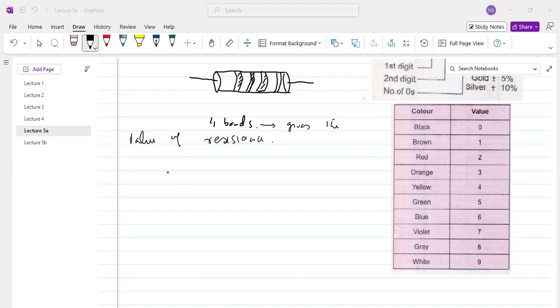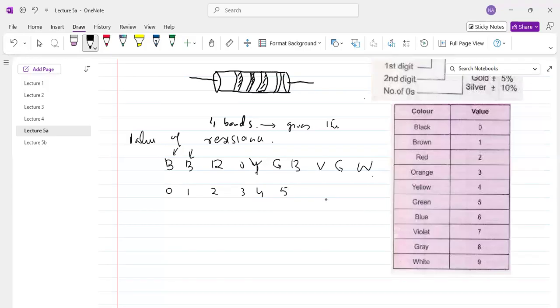For example, we remember the code as: Black, Brown, Red, Orange, Yellow, Green, Blue, Violet, Gray, White.